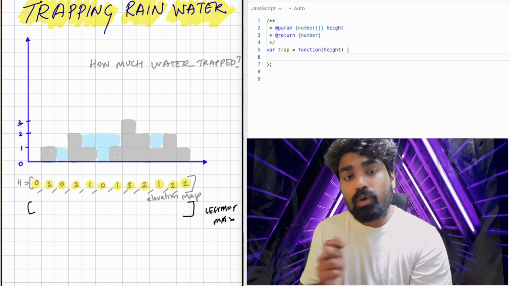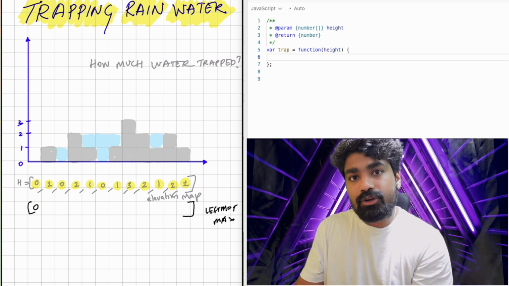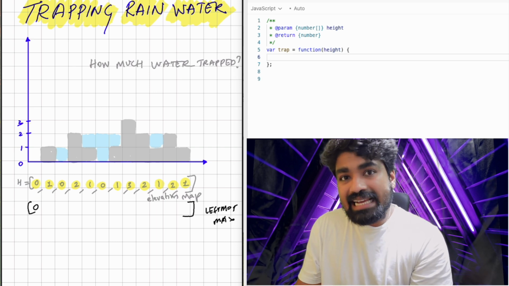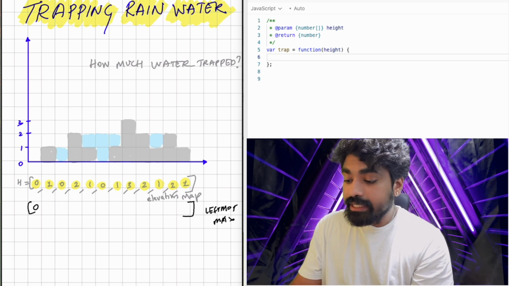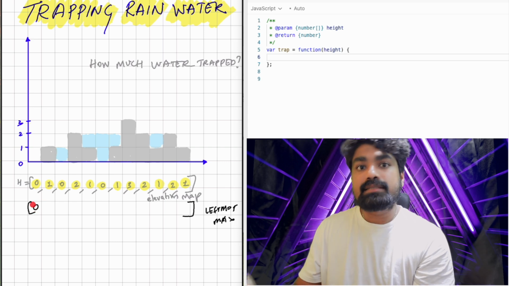To do that, we pick whatever height we have at the 0th index, and then for the next index we will pick the maximum of the current index and the previous index.